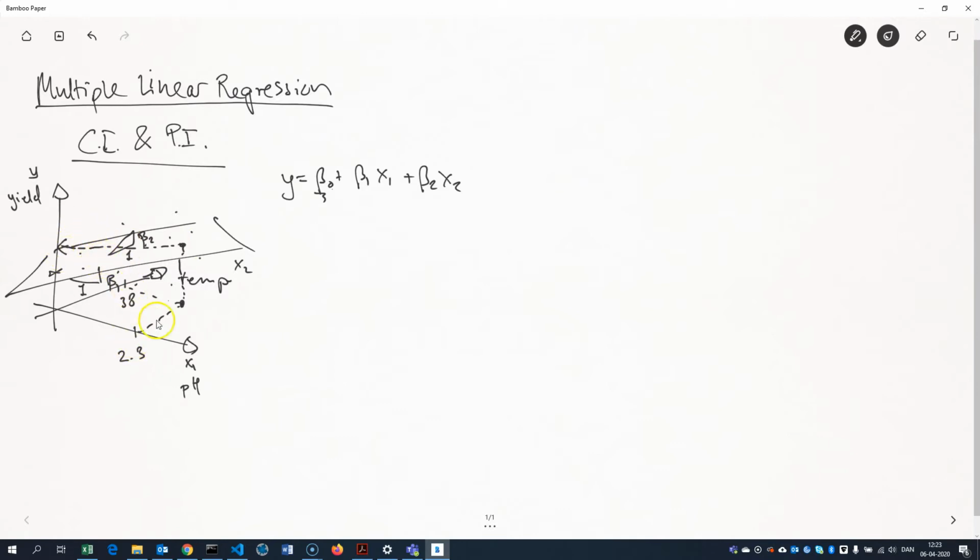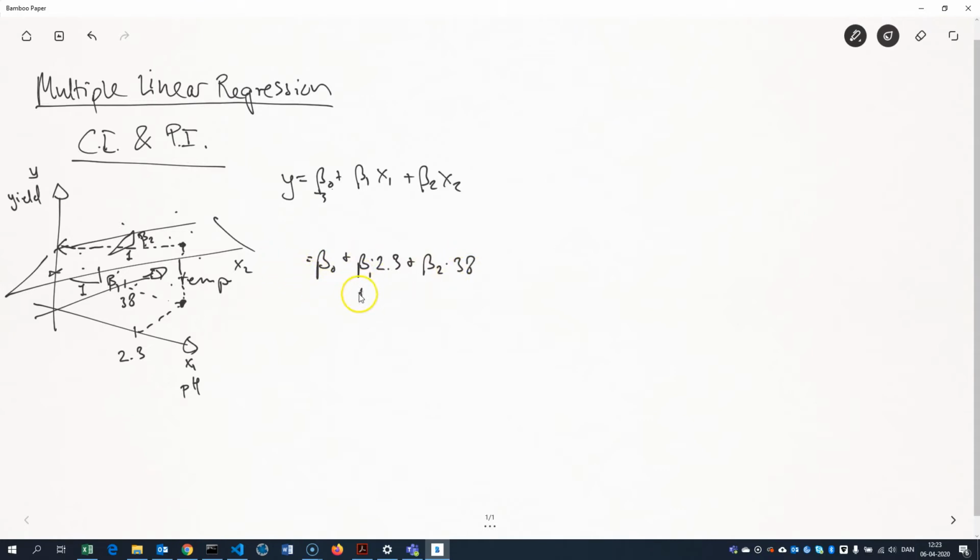So we get that number by finding the projection of our point here on the plane and reading off on the y-axis the value. That corresponds to inserting our point here, beta naught plus beta 1 times 2.3 plus beta 2 times 38. And that gives us the value.